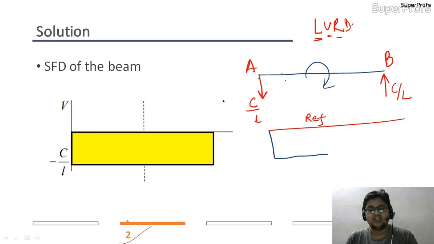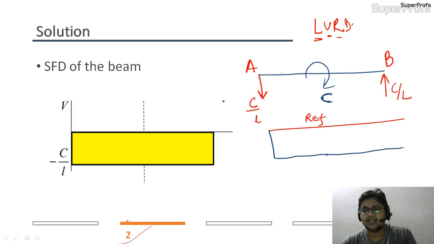Between these two points there is no concentrated point load, only a concentrated moment. Shear force has nothing to do with the moment present in between. It is only bothered about external force, whether it is a point load, uniformly distributed load or uniformly varying load. So it will be constant throughout.